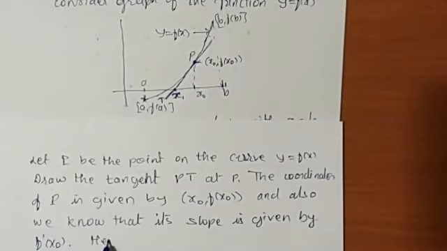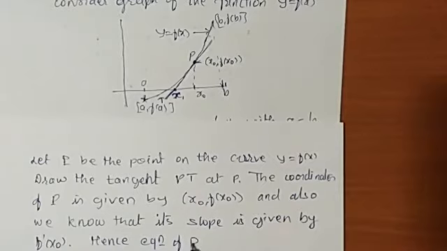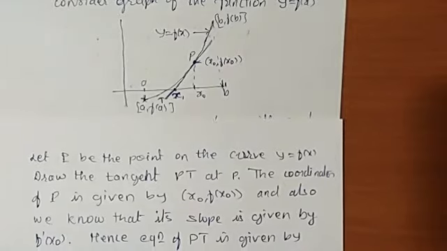Hence, the equation of PT is given by y minus y naught is equal to m times x minus x naught.